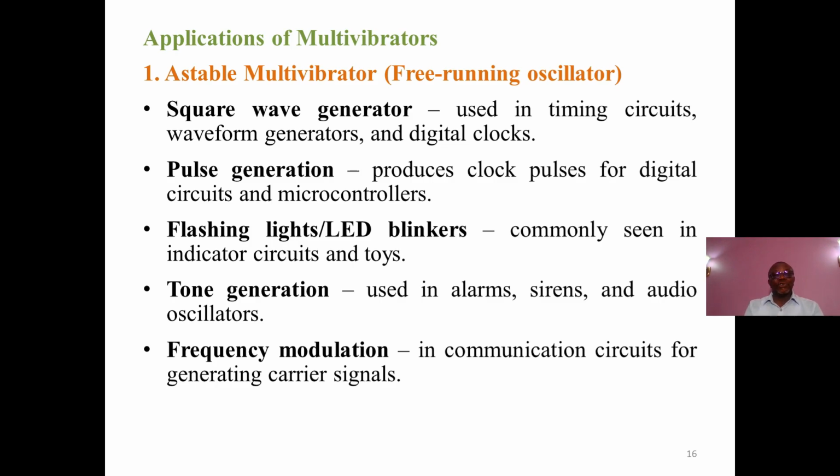For the astable multivibrators, we are planning to use it to do square wave generator, which is used in timing circuits, waveform generators, and digital clocks. These astable multivibrators can also be used in pulse generation, where it produces clock pulses for digital circuits and microcontrollers. When you are starting to do your designs, you see that you always use clock pulses to synchronize the operation.